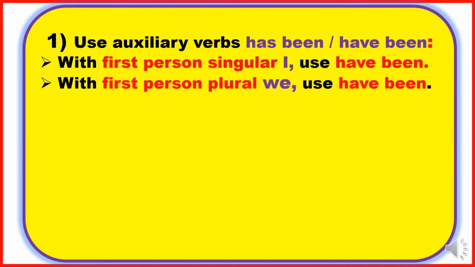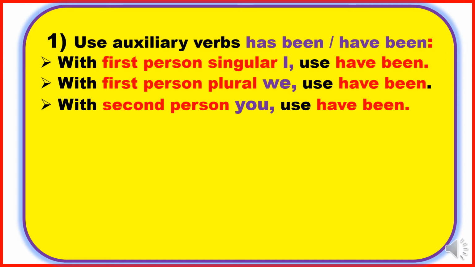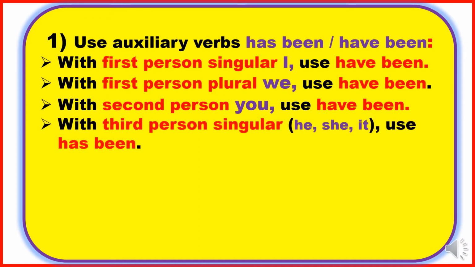With first person plural we, use have been. With second person you, use have been. With third person singular he, she, it, use has been.